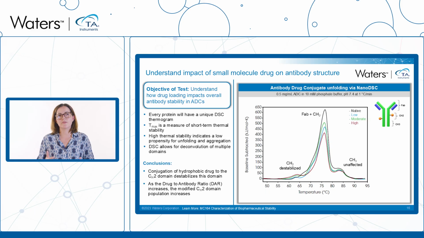And we still have a portion of the CH2 domain unfolding with the Fab domain, as well as there's still some asymmetry in the main peak transition, but we also have a lower enthalpy. So there's part of it that is still unfolding with Fab, but most of it is unfolding at lower temperatures. Now, you also notice that the CH3 domain is more or less unaffected by the linkage of the small molecule.